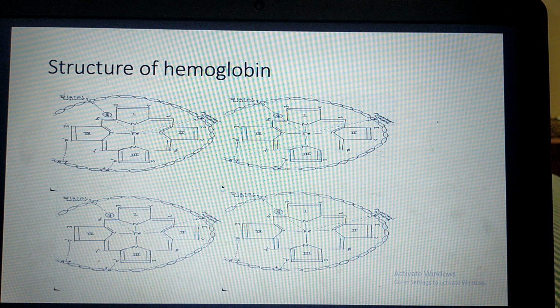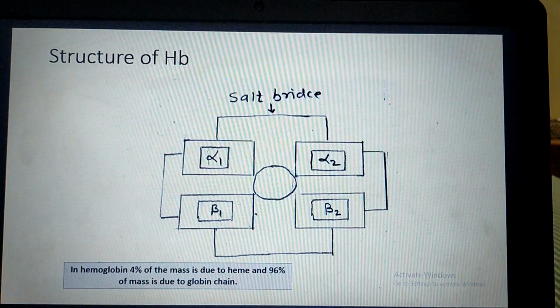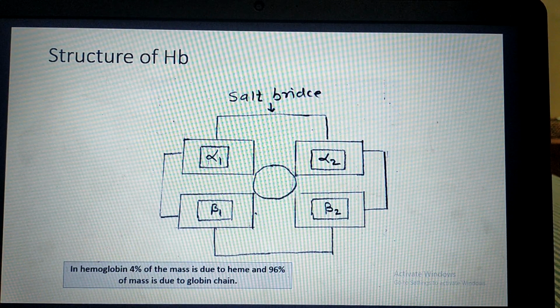If you see, it has 4 heme subunits and 4 globin chains. This is the diagrammatic representation of the hemoglobin molecule, which shows 2 alpha chains and 2 beta chains. I have told you in the previous structure, the 4 subunits bind together by hydrophobic bonds, van der Waals forces and some electrostatic bonds.